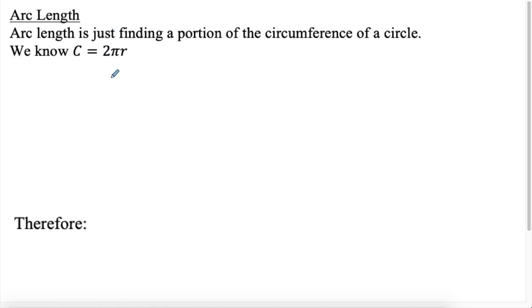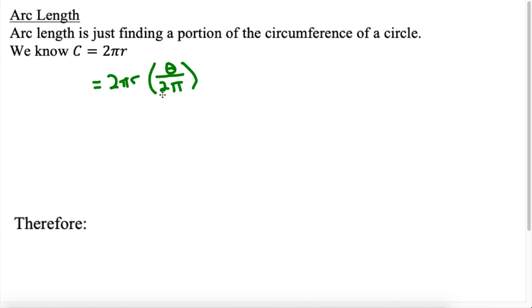Well, if I just want a portion of that, all I'm going to do is multiply the entire circumference by the fraction that I want. Well, to get the fraction that I want, what I'm going to do is take the degree measure of the angle in question out of the entire circle. Okay?